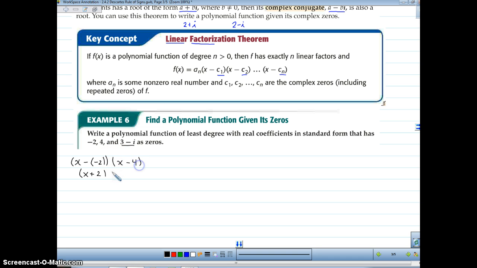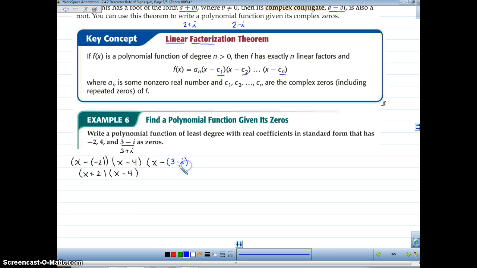That one's pretty easy, not much to simplify there. It's going to be another factor. And now we have our first complex factor. So if 3 minus i is a zero, that means that its conjugate, 3 plus i, also has to be a zero. And so we need to write two factors now, one with 3 minus i. So again, you do x minus, what's the complex number? 3 minus i.